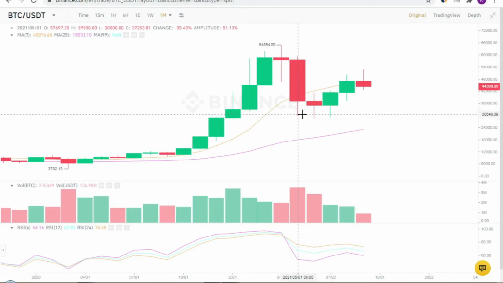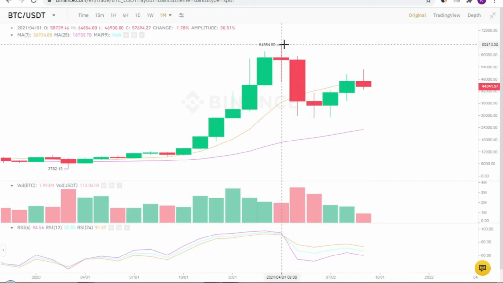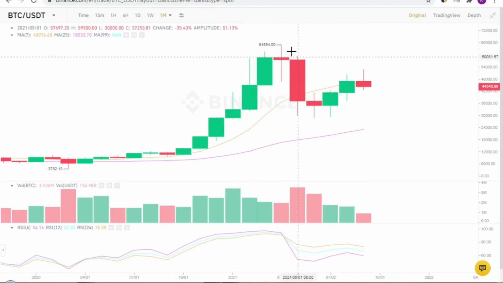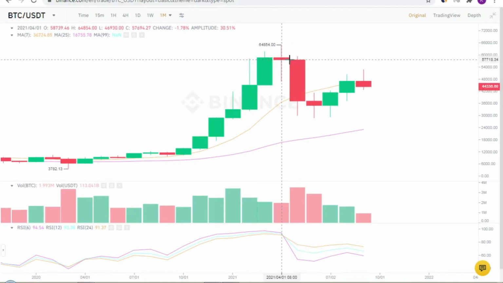So here the price had a bounce from 30,000. It descended from $64,854 and closed here in that month at 57,000.